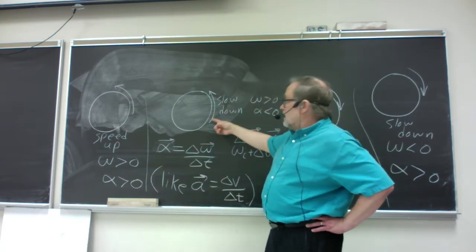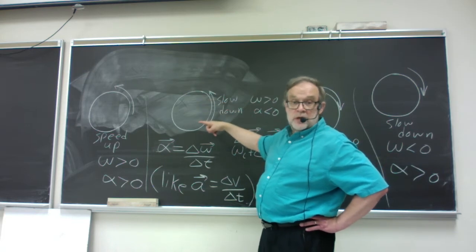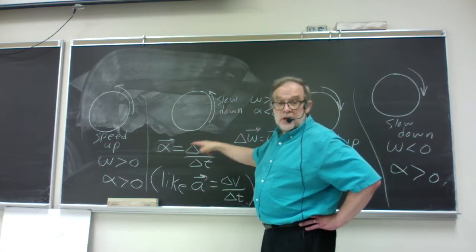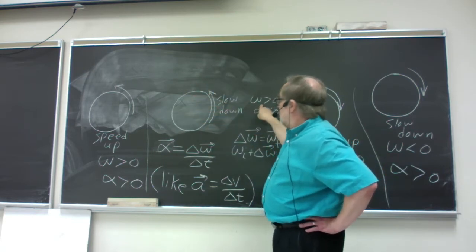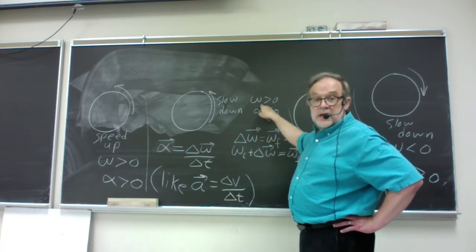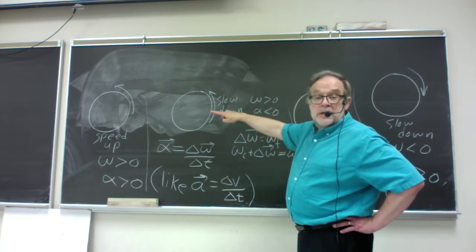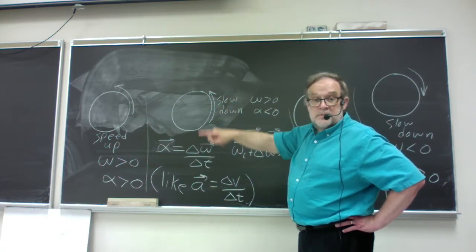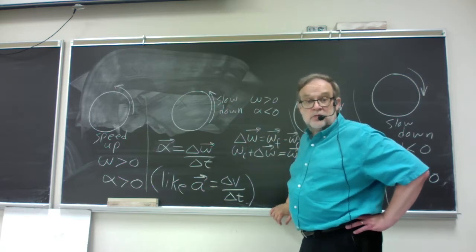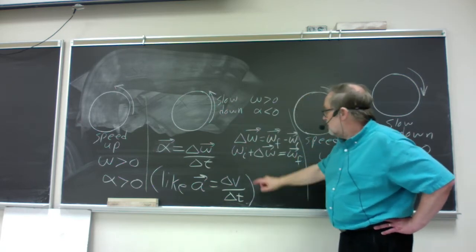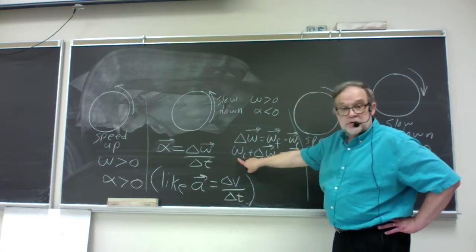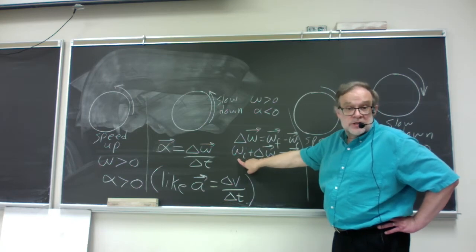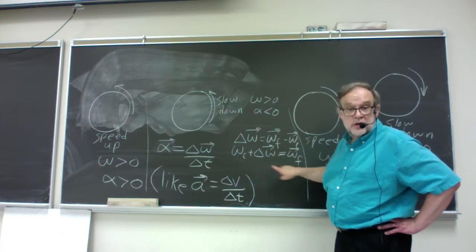On the other hand, imagine something rotating counterclockwise and slowing down. Counterclockwise rotation means a positive angular velocity, but it's slowing down, that is, there's less and less of this positive angular velocity as time goes by. So you start with omega initial as some amount of positive angular velocity.